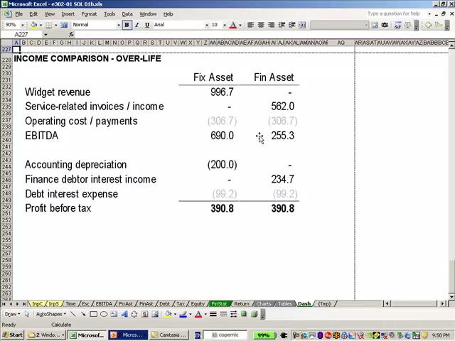So do not think that there's going to be some sort of immunization of your EBITDA, because much of the income is booked underneath, and there's none of this accounting depreciation charge. So you can see the massive restatement in the organization of the income statement between fixed asset and financial asset. But over life, we are not manufacturing any additional profit before tax.